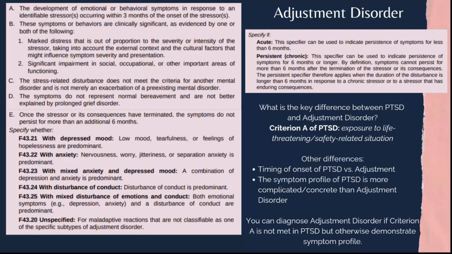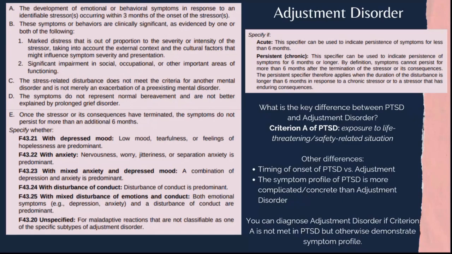But with my client that I was talking about, there were more complications, which is why it was adjustment disorder. It was fascinating because it wasn't just sadness. It was a lot of other types of internalized depression that I saw. Okay, so what is the key difference between PTSD and adjustment disorder? Adjustment disorder does not require exposure to a life-threatening or safety-related situation.